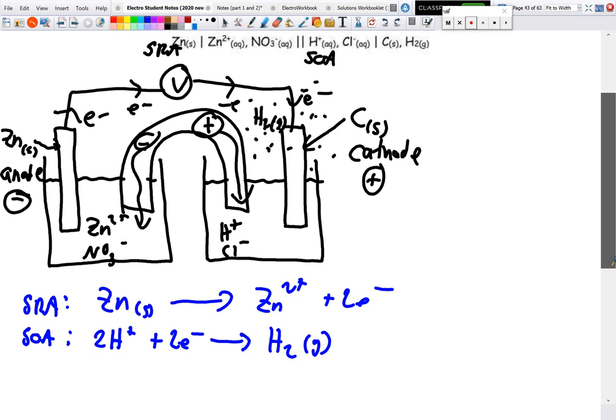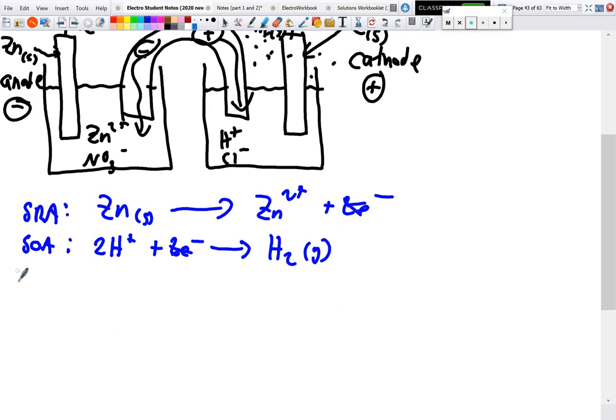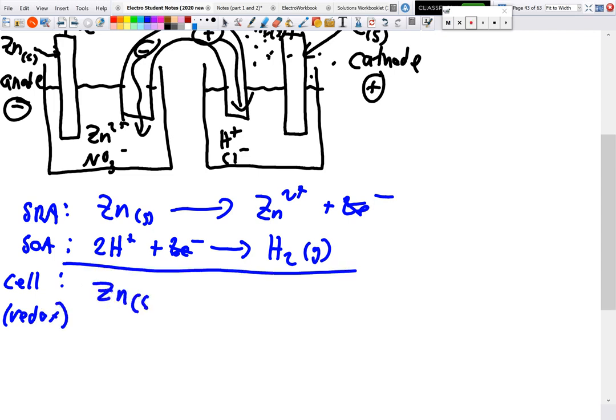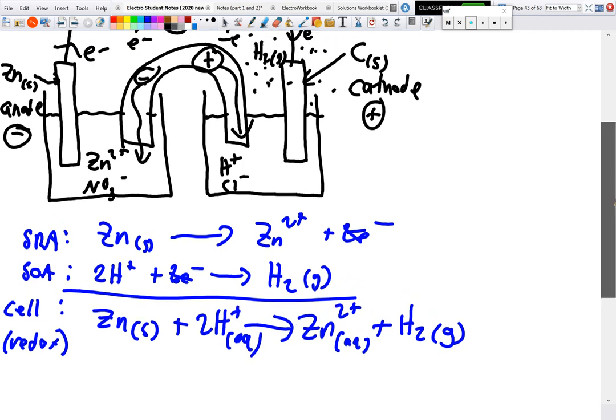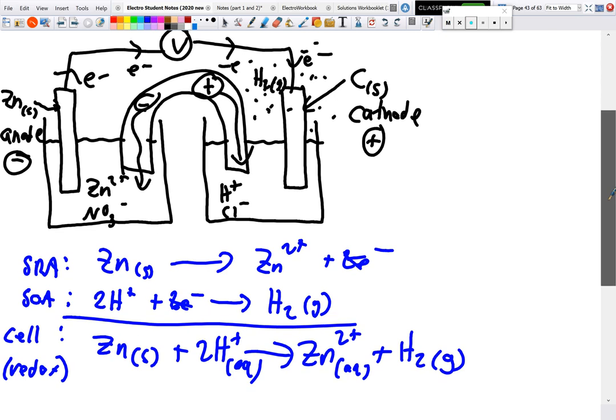When we add these together, the electrons cancel out, and we are left with this cell reaction: zinc and hydrogen ions react to produce a zinc ion and hydrogen gas. So that is how we go about fully labeling a cell, and figuring out the half reactions and the redox.